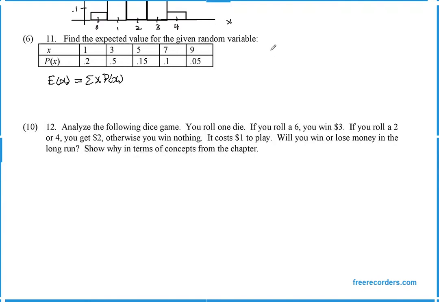So I think what I'll do here is I'll make a vertical table, and we'll have 3 columns in there. So we'll have a column for x, a column for p of x, and then a column for x times p of x. And so our x values are 1, 3, 5, 7, and 9.